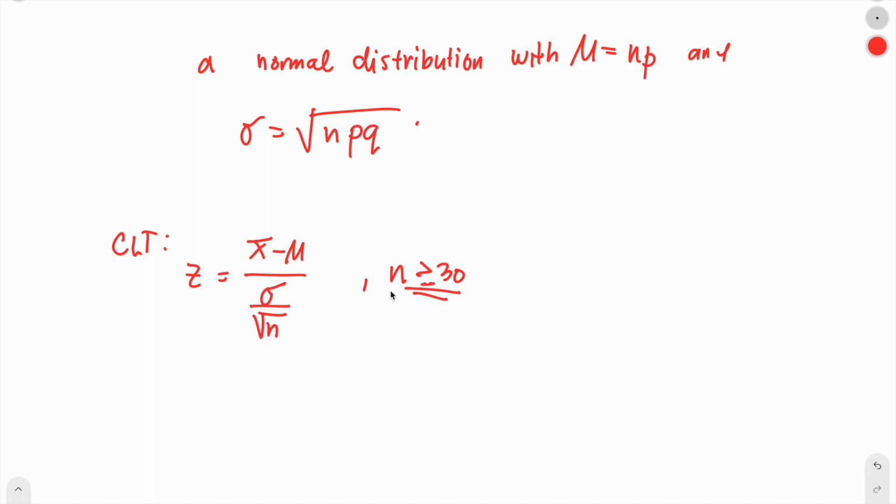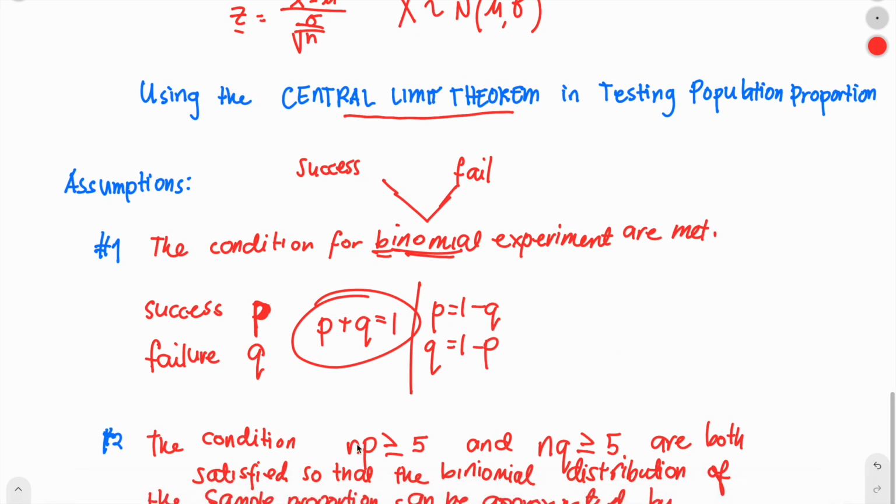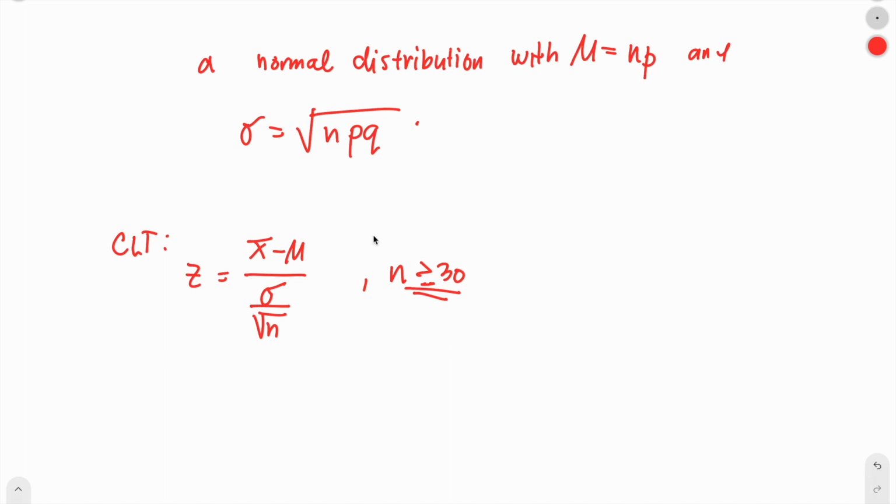But in using the central limit theorem in testing population proportion, you only need to consider that np is greater than or equal to 5, and at the same time nq is greater than or equal to 5. You can use the z or central limit theorem. But here, mu is equal to np and sigma is square root of npq.